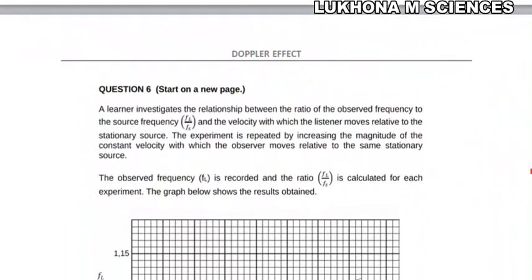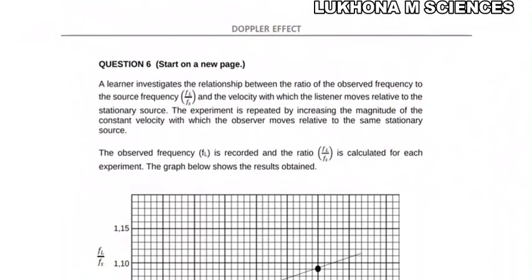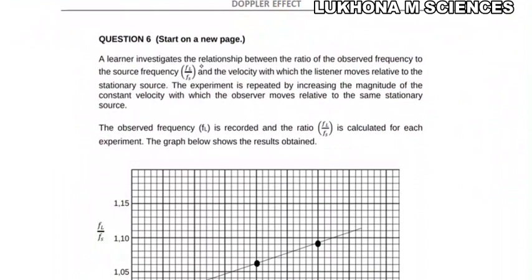This is the Doppler effect, and you are given a graph. A learner investigates the relationship between the ratio of the observed frequency to the sound frequency and the velocity with which the listener moves relative to a stationary sound source.